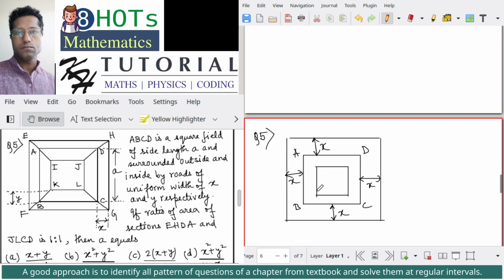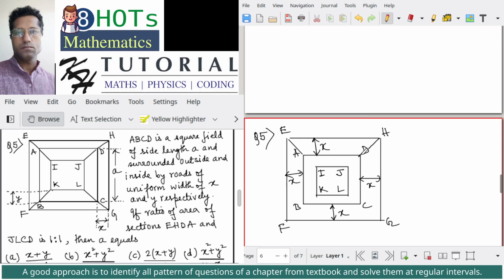Now the points are given as E, F, G, H, and this is I, J, K and L. It is asking to find the ratio of the area of EHDA.